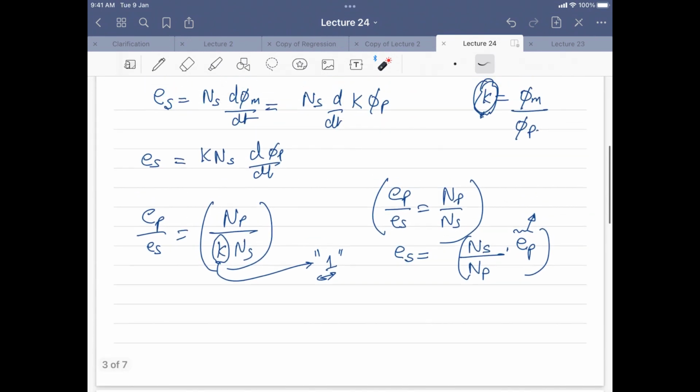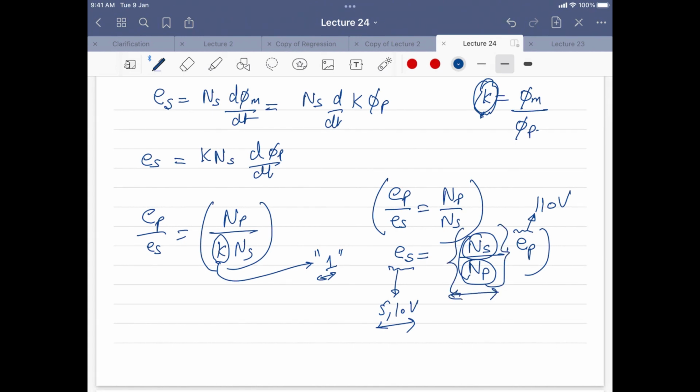If this Ep is 110 volts, you can adjust your inductor turns. In the primary you can keep something, and in the secondary you can keep something, to get the voltage of Es as 5 or 10 volts, whatever you want. So these are the parameters Ns and Np, the inductor turns, which you can adjust to get a lower value of 5 or 10 volts.